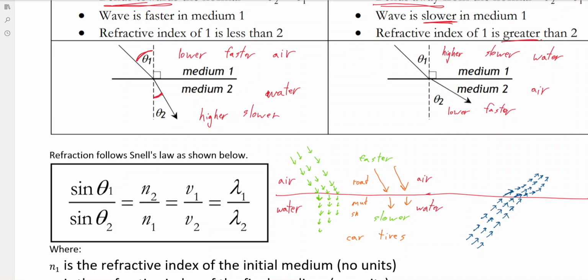Or snow. This will happen the same way with snow. Okay, but if you do it in reverse, and you go from snow to concrete, whatever, road, okay, the same thing will happen here as well.